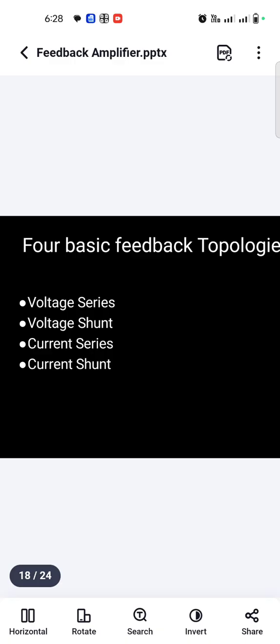In the above four configurations, the first part says voltage or current, which is the method of sampling network, and the second part says series or shunt, which is meant for mixing. For example, voltage indicates the method of sampling, and shunt feedback indicates the method of mixing, here shunt mixing. So first one, voltage series feedback.